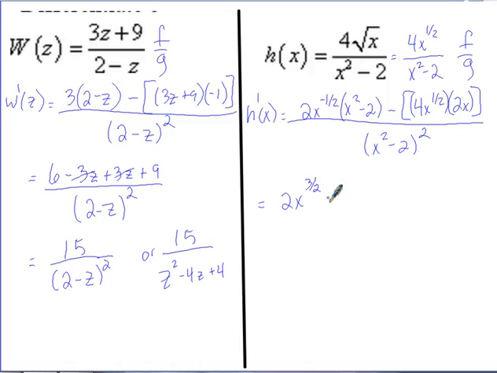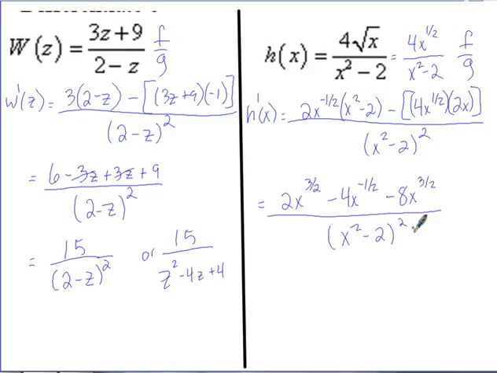Okay, and then this becomes minus 4x to the negative 1/2. And then this becomes 8x to the 3/2. And more specifically, it's a negative. All of that over (x squared minus 2) squared.